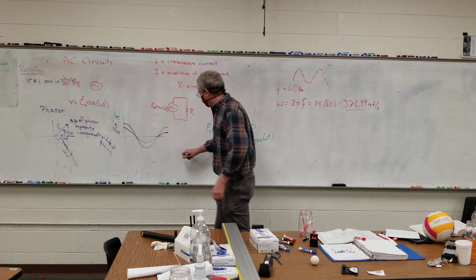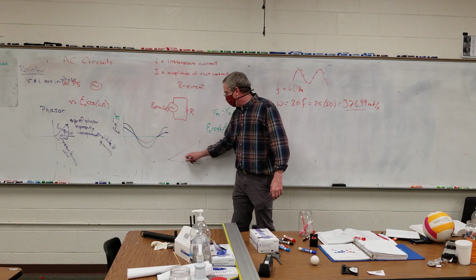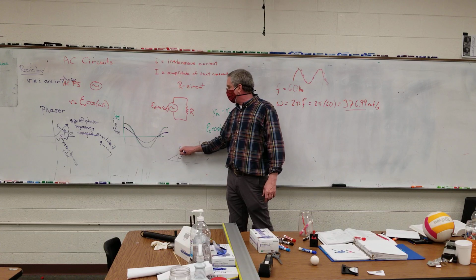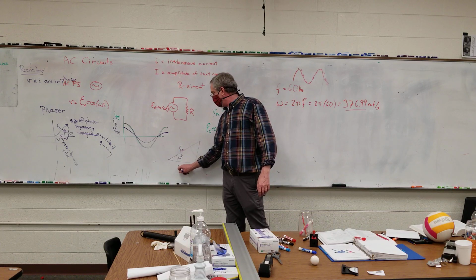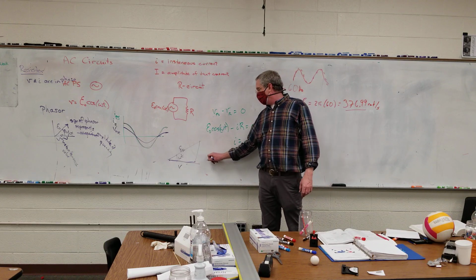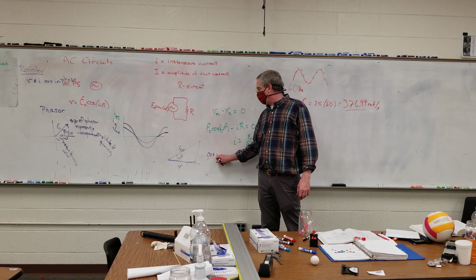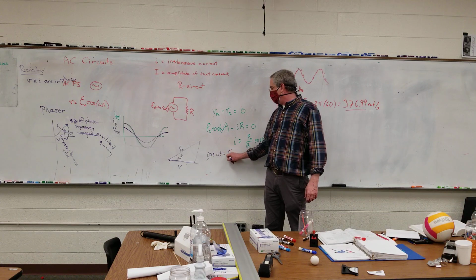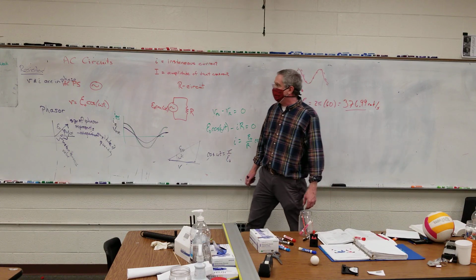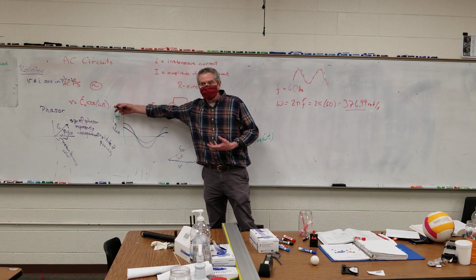Looking at my right triangle, I have an angle omega t, a hypotenuse of epsilon sub naught, and the horizontal value of v. So the cosine of omega t is v over epsilon sub naught, and if I multiply both sides by epsilon sub naught, I get my formula here.